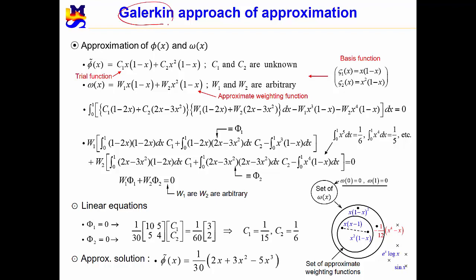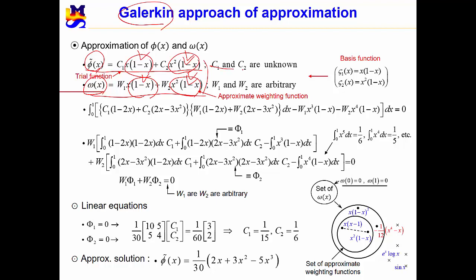Galerkin suggested that the trial function is the same as that of this method, and that the weighting function employs the same basis function used for the trial functions to obtain an approximate solution. For example, we have to approximate both the unknown function and the weighting function using the same basis functions of x(1 minus x) and x squared (1 minus x), as can be seen in these equations.